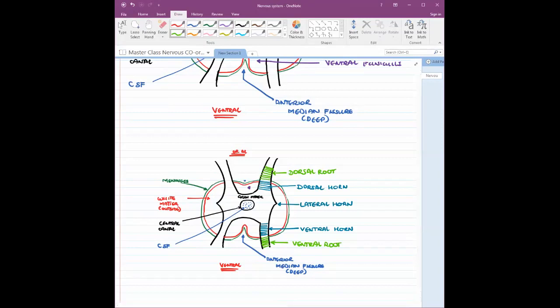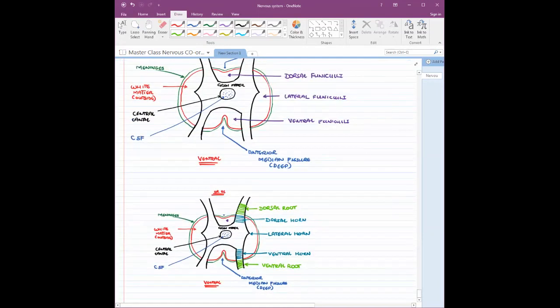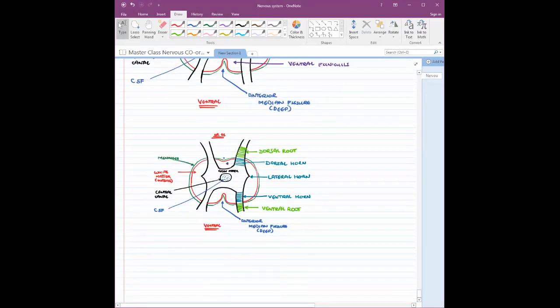Now guys, what is going to happen to these roots? We have said we are going to have spinal nerves, right? How are the spinal nerves going to come? This dorsal root is going to come like this, and ultimately meet over here.